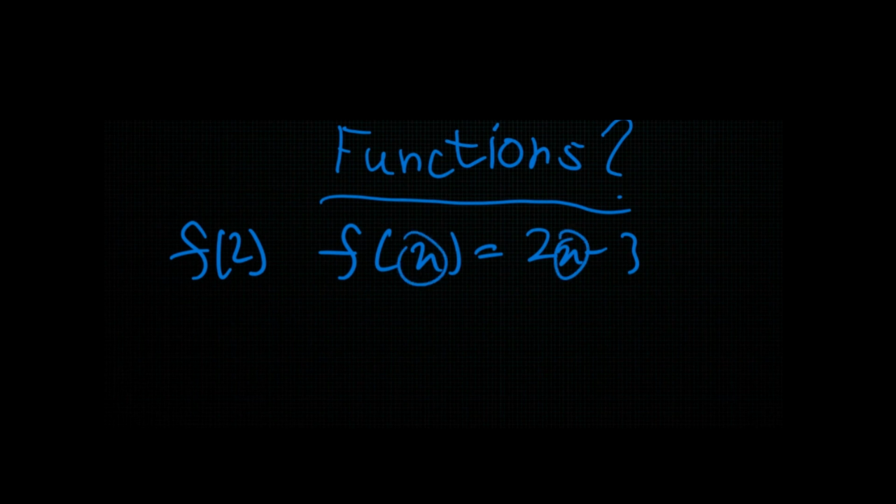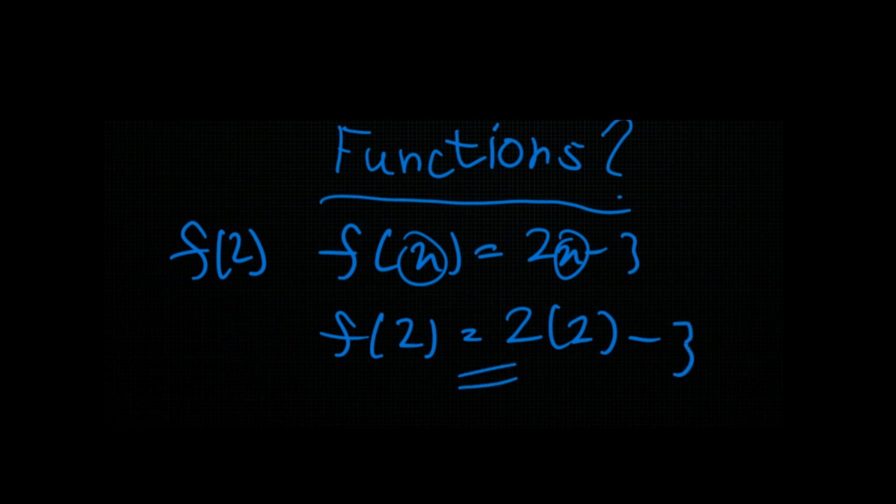So that will be f of 2 equals 2 times 2 minus 3. Now let's solve it. 2 times 2 equals 4. 4 minus 3 will equal just 1. So the output of f of 2 equals 1.